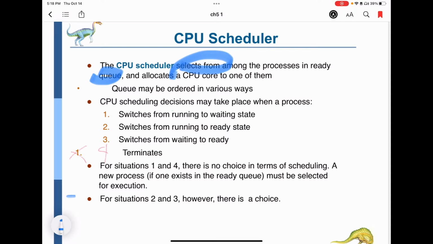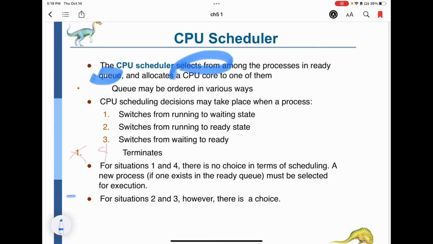So ito yung mga decision niya. From switching from running to waiting state, from running, sabihin nagtatrabaho, tapos tumigil, nag-waiting siya. Another is switching from running to ready state. So, running and then to ready state.